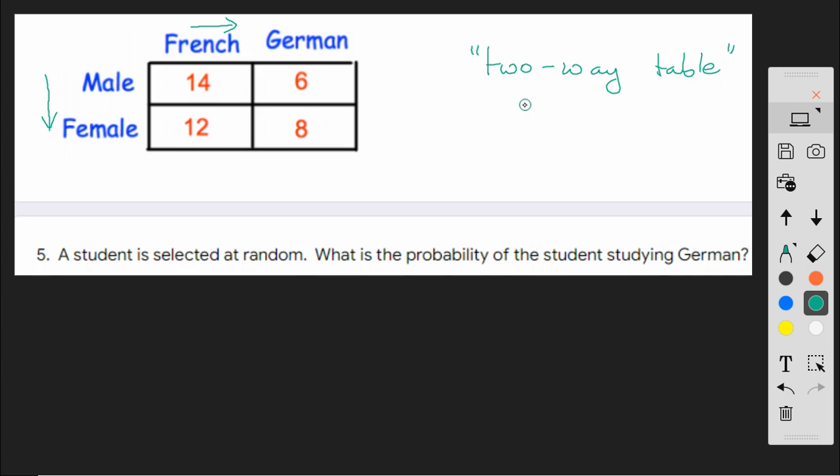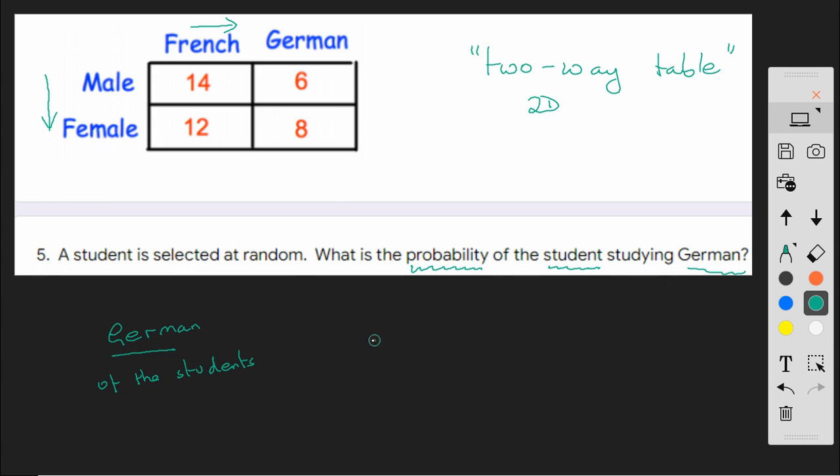It's kind of a two-dimensional table, a 2D table. And we're being asked about probabilities. Now, probability is best thought of as a fraction. So what is the probability of the student? Okay, so of the students, so that's out of all the students, and we want the ones studying German.